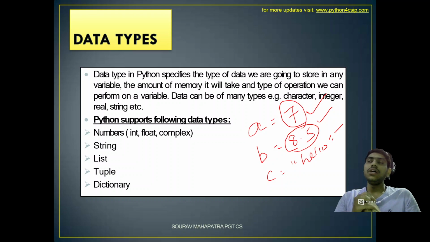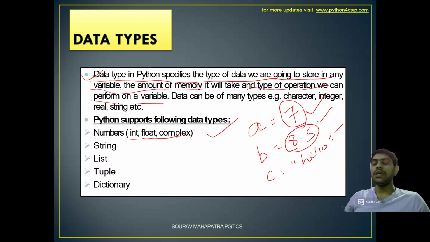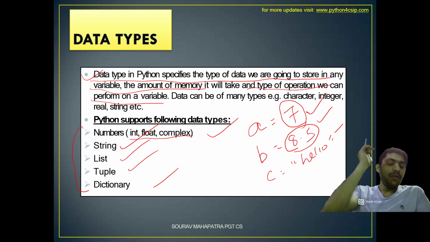So whenever we need this in the programming language to do different types of operations, we take the help of data types. This is the main definition of data types. Different types of data: number, int, float, complex, string, list, tuple, dictionary. Clear, I think, everyone? Okay, these are the different data types provided by the Python programming language.